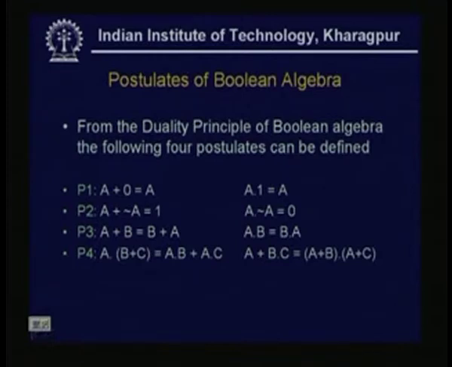So, this OR can be replaced by AND, then this is A dot 1 equal to A. This is A dot negation A equal to 0, A dot B equal to B dot A, and A plus B dot C is A plus B dot A plus C.